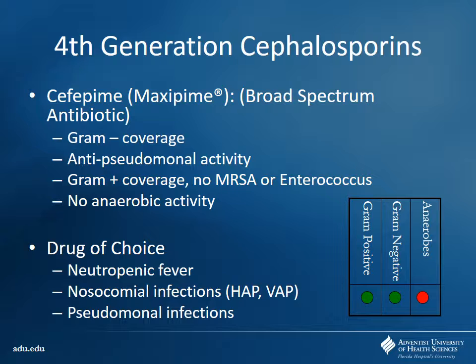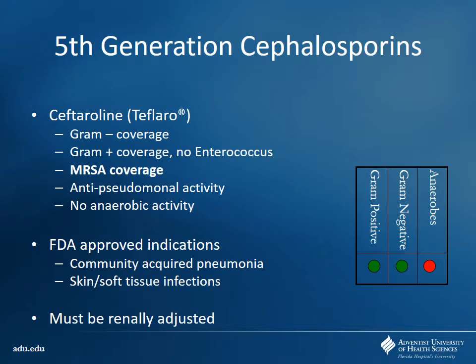So this is a good option for that. You'll see it used a lot for things like nosocomial infections as well, things like hospital-acquired pneumonias, ventilator-acquired pneumonias. That's what those acronyms are. And then this one does have Pseudomonas coverage. So again, if you're worried about Pseudomonas, this is a good one to go to.